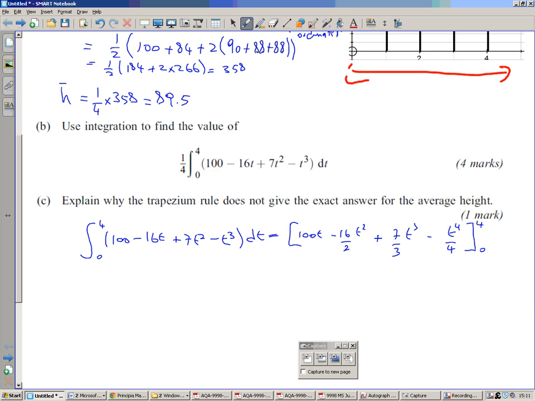It's probably worth simplifying this because 16 over 2 is 8. I don't know how many people did that, but it's probably a good idea.